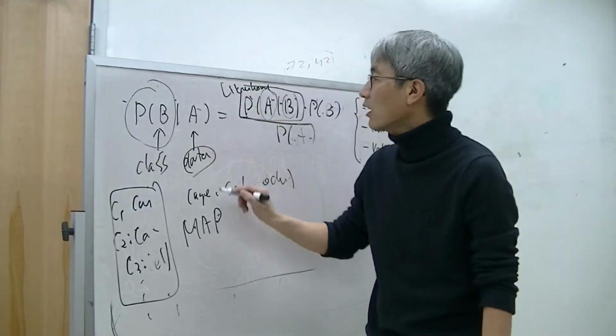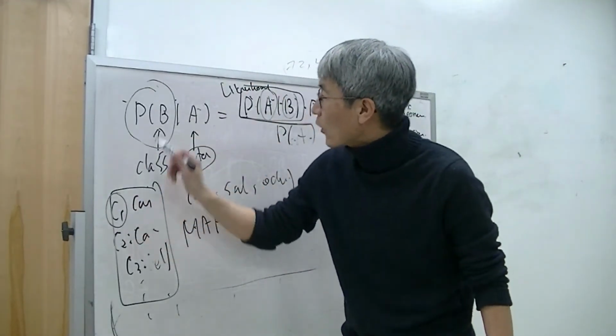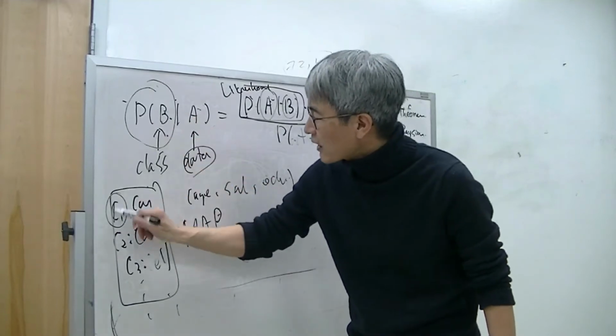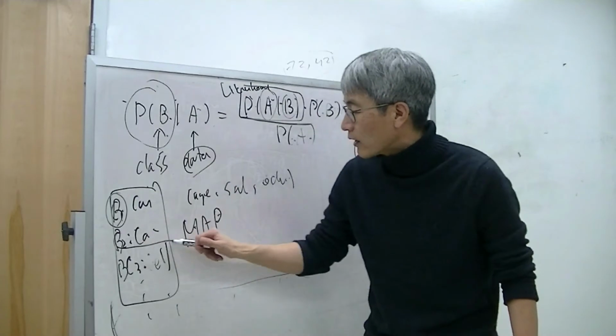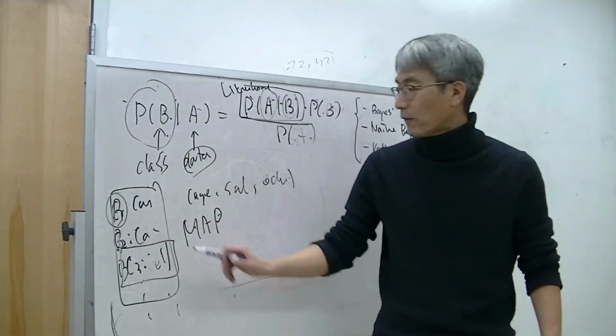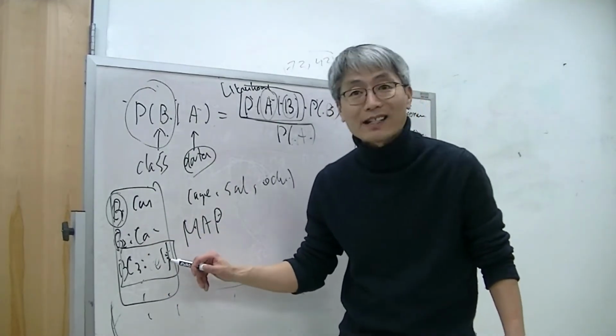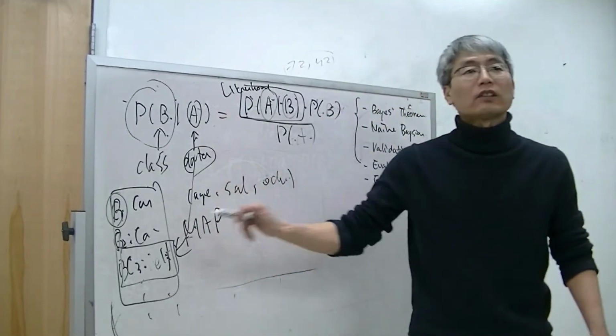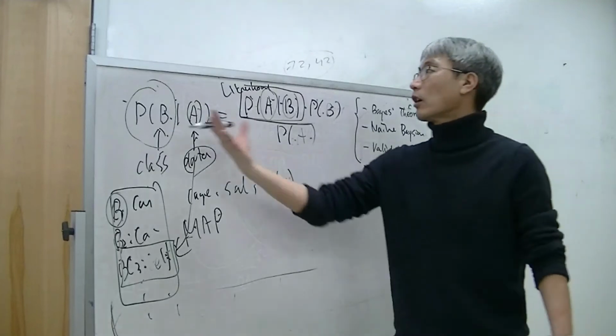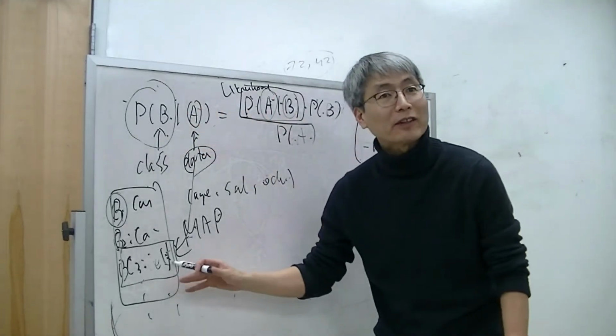The posterior means among the different classes B1, B2, B3, the highest one, say buying a cell phone. If this probability is the highest, then this person A goes to this one. We can use Bayes for classification.